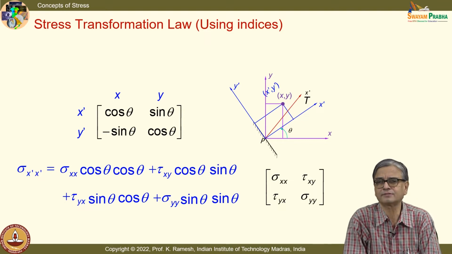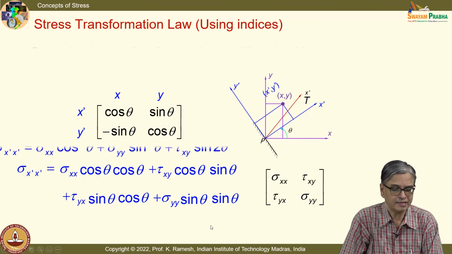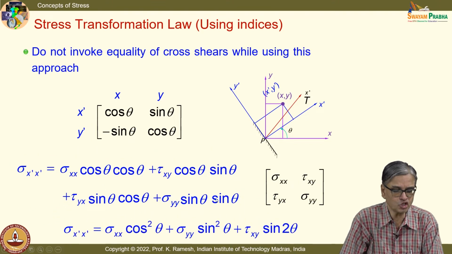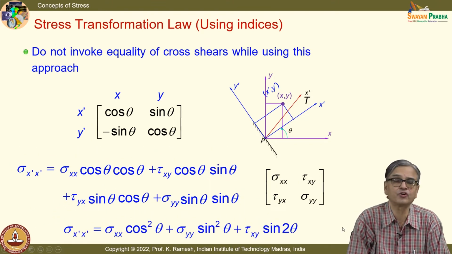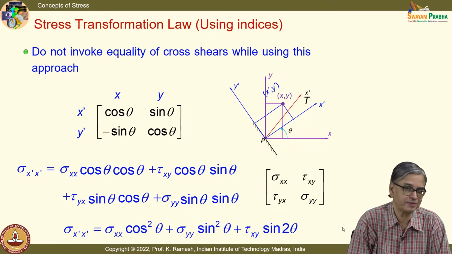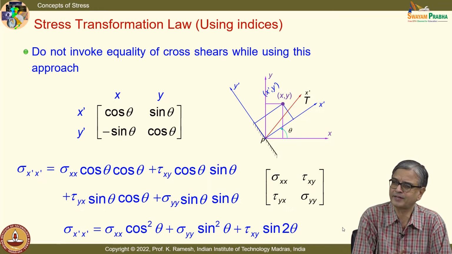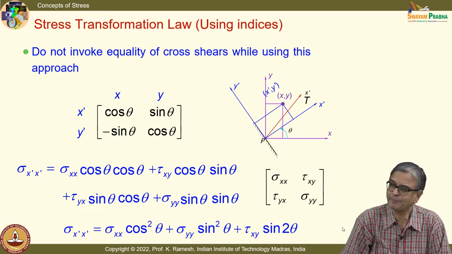This is straightforward. So, I get the final expression in this form, and this is also simplified in terms of sin 2 theta or cos 2 theta, whichever the case may be. This is straightforward. Is the idea clear? We will repeat it for tau x prime y prime.